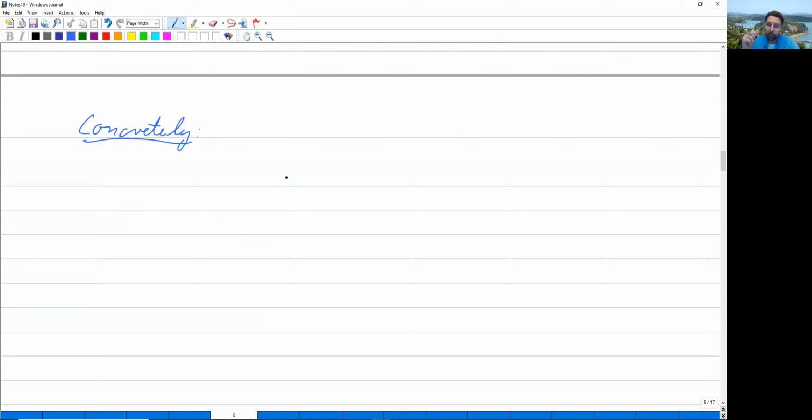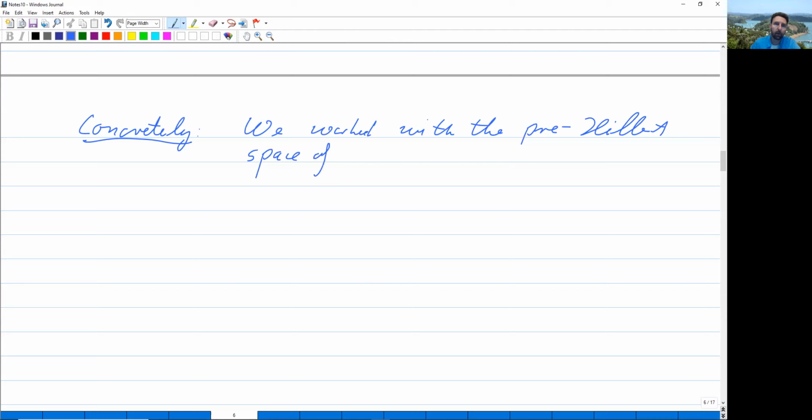We used to work, without spelling it out, with a pre-Hilbert space, namely the pre-Hilbert space of these column vectors, which had these entries here, psi1, psi2, right?